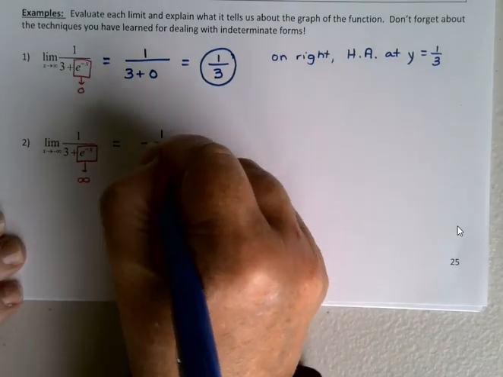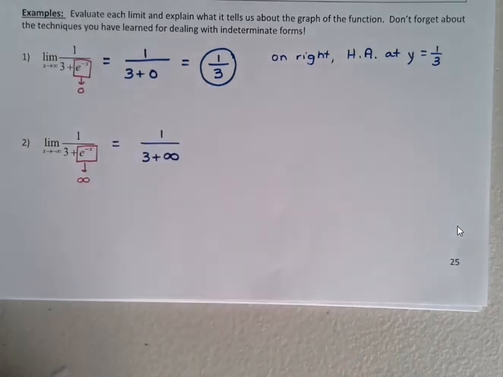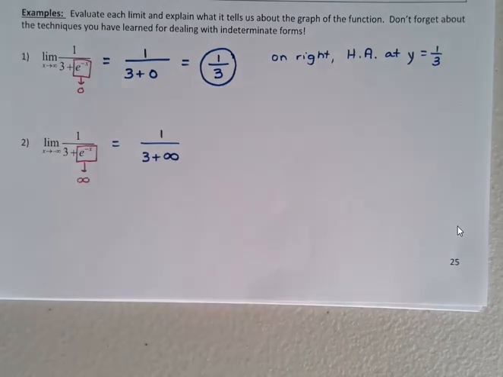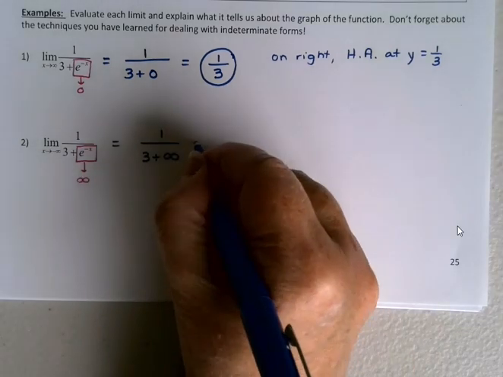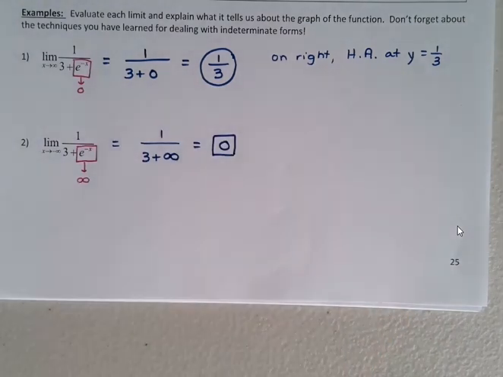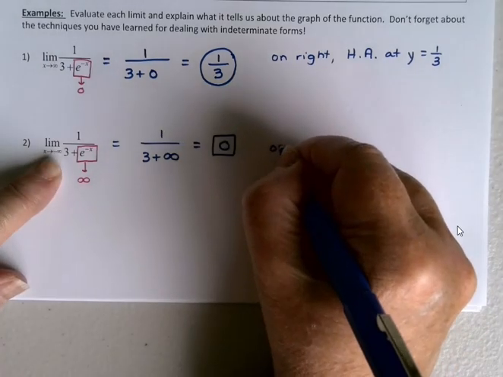So what I have is 1 over 3 plus infinity. A constant, 1, divided by something infinitely large, always approaches 0 in the limit. So on the left, we again have a horizontal asymptote, but at y equals 0.